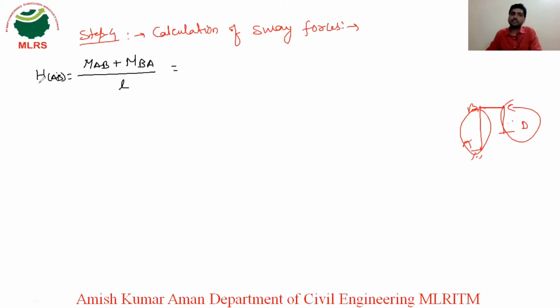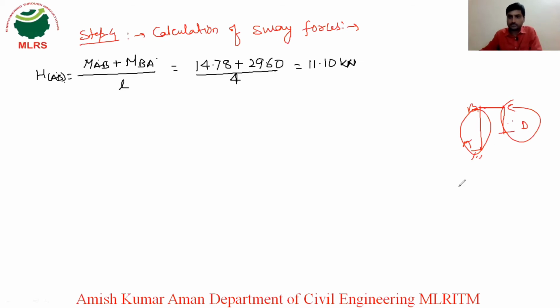Horizontal force, that is sway force, we already call it. So H is nothing. For AB is MBA plus, means what we got, we will add that two moments MAB. For AB span means AB and BA both. We are adding both the moments divided by its length. So both the moments we have calculated 14.78 plus 29.60 divided by length. So length is 4. So we got 11.10 kilonewton.